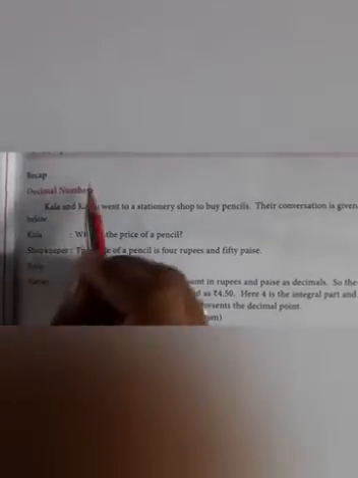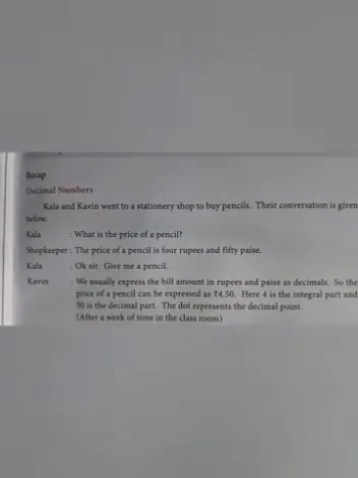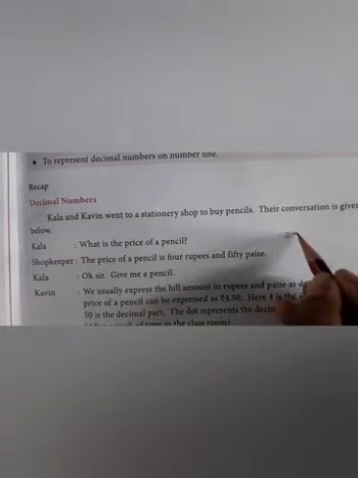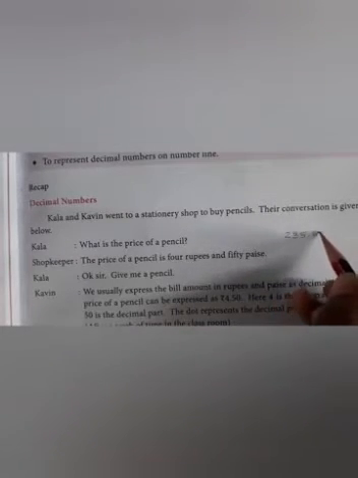Do you know what a decimal number is? Yes, a decimal number is a number whose whole number part and fractional part are separated by a decimal point. For example, let's take 35.68.